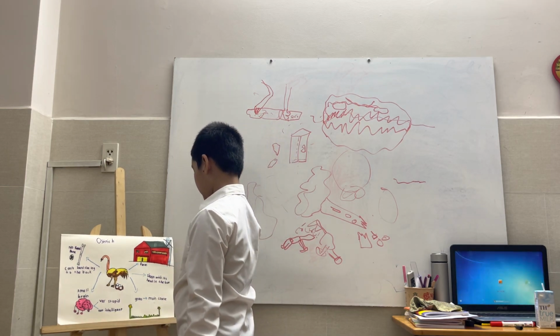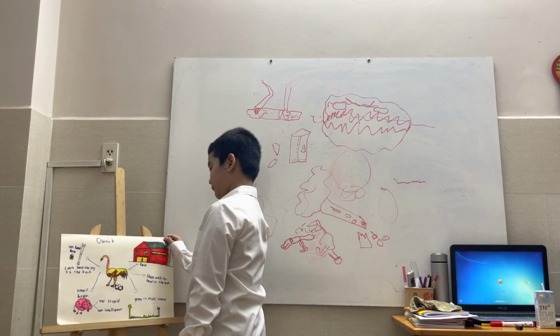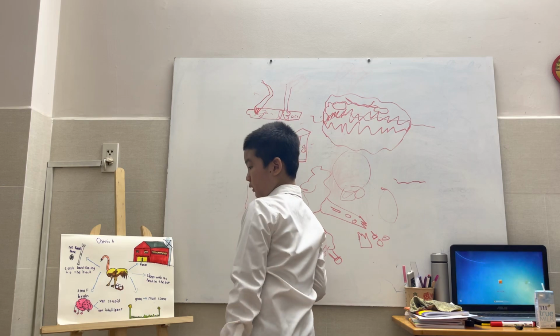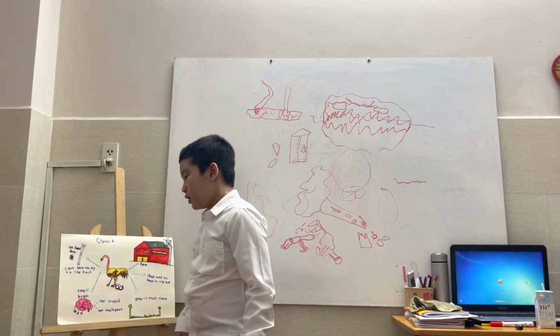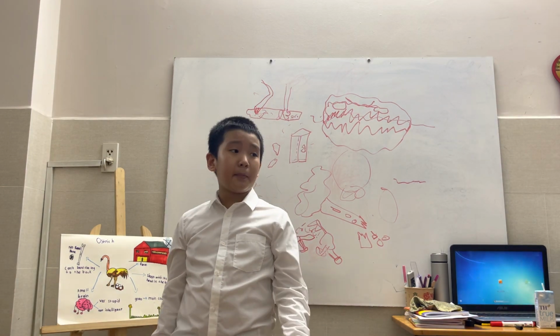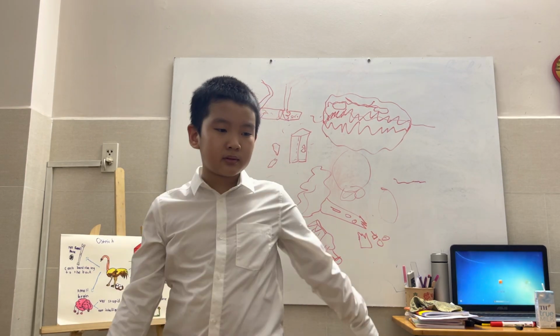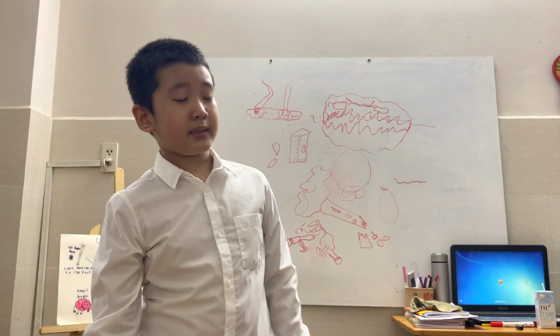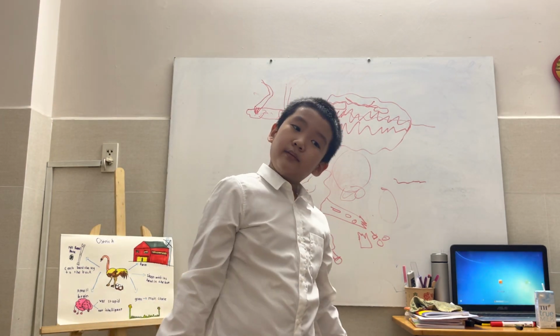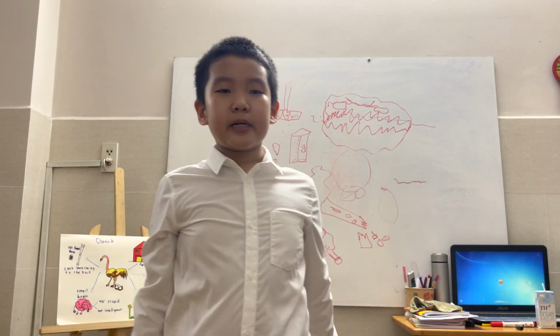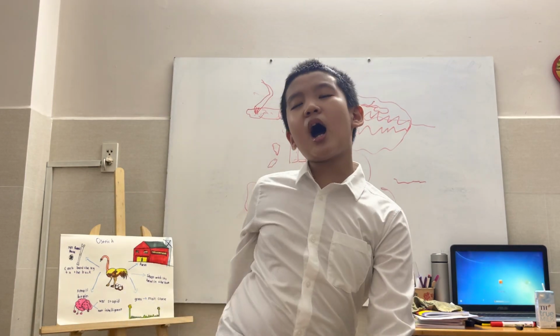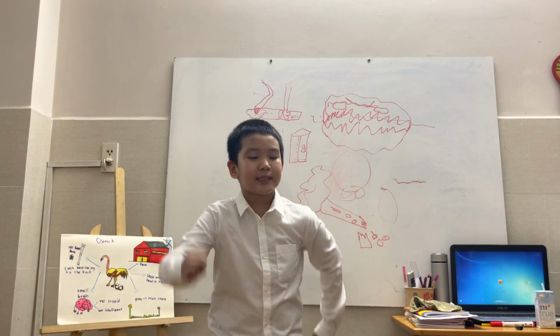Here you see. Look. When it doesn't have a knee bone, what does it do? Can it run? Well, if it doesn't have a knee bone, it can run very fast because it can bend. But if it does, can it run very fast like this?